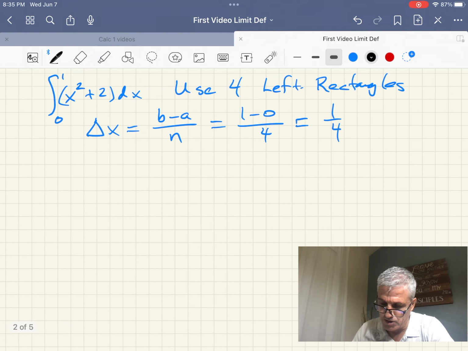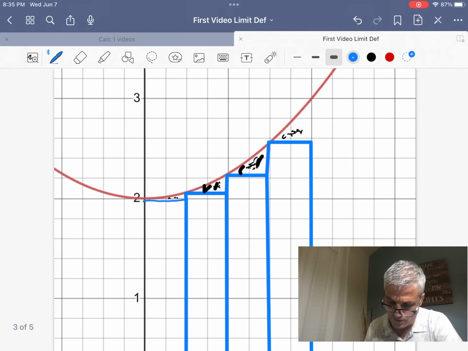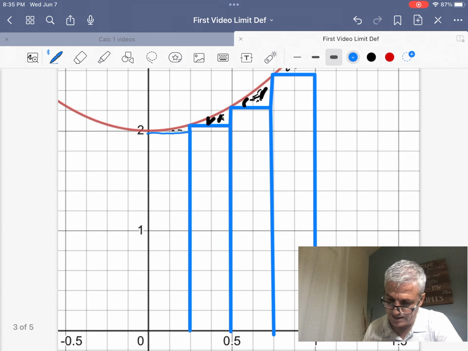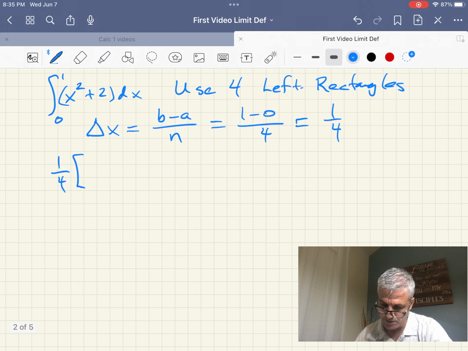Okay, so when we look at this here, we know that my delta x is 1/4, so we're going to have 1/4. Now, since we're using left rectangles, if you think about it, the first rectangle starts at x equals 0, so that's going to be the height.